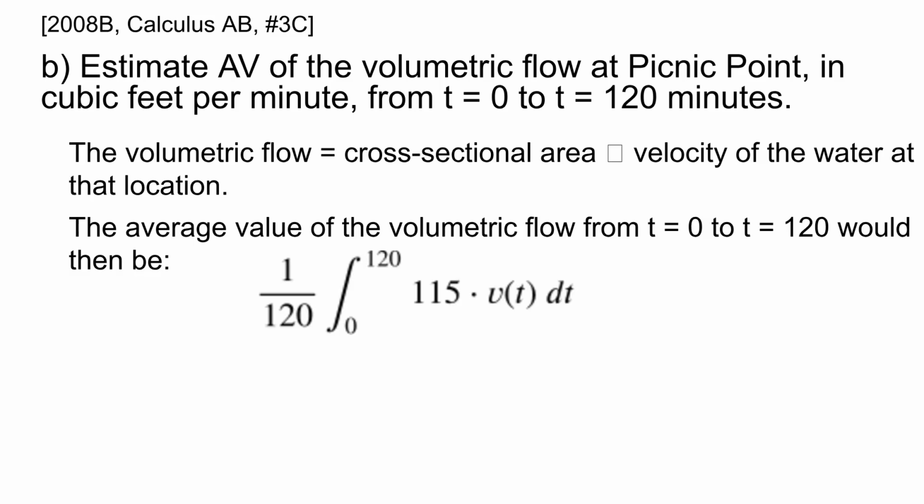The average value of that volumetric flow from t equals 0 to t equals 120 would then be found using the formula for average value of a function. We get 1 over 120 times the integral from 0 to 120 of 115 times v of t dt.